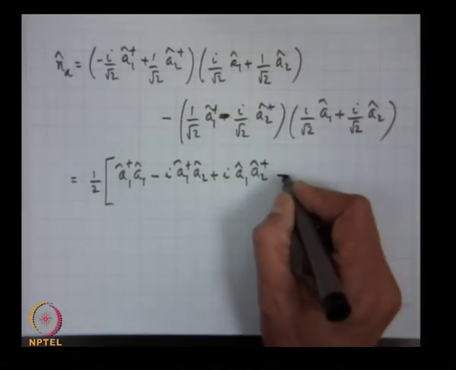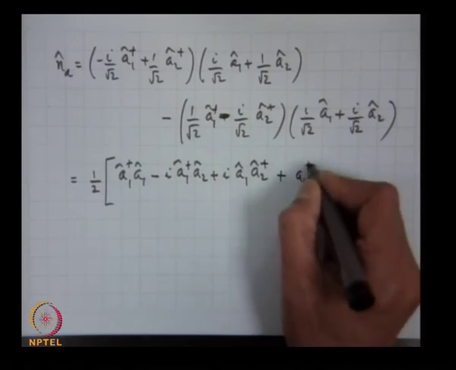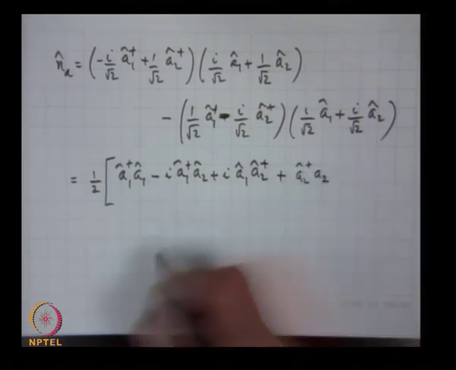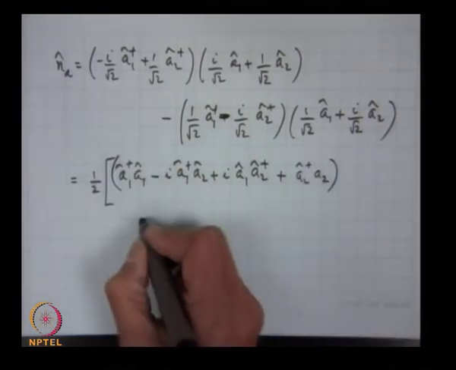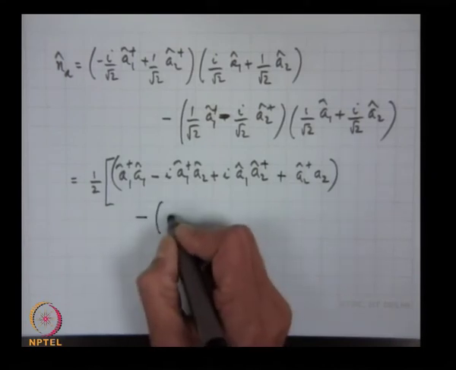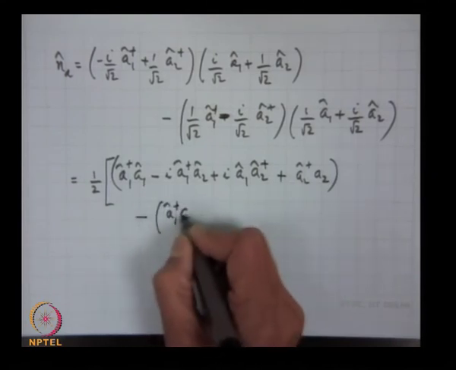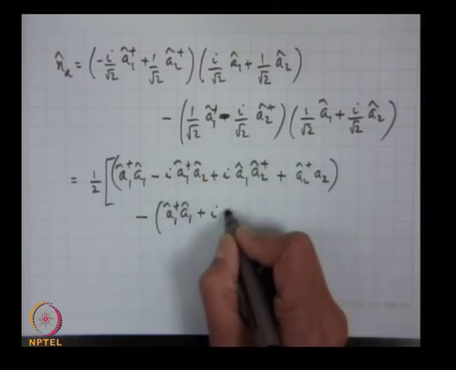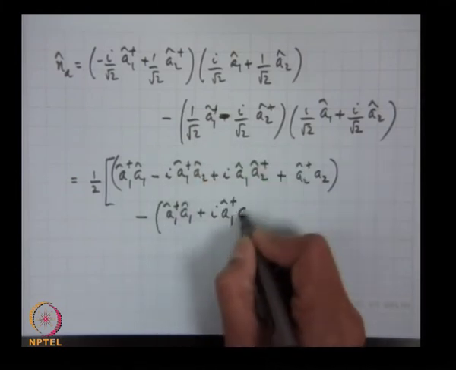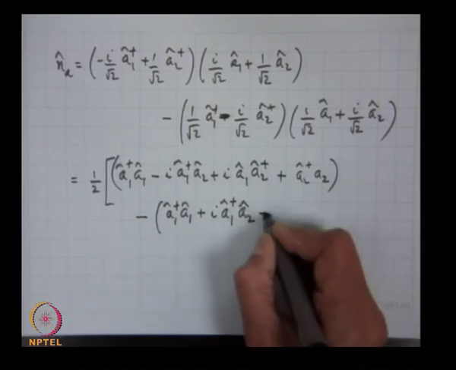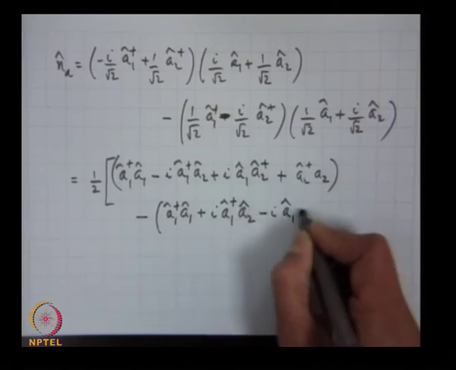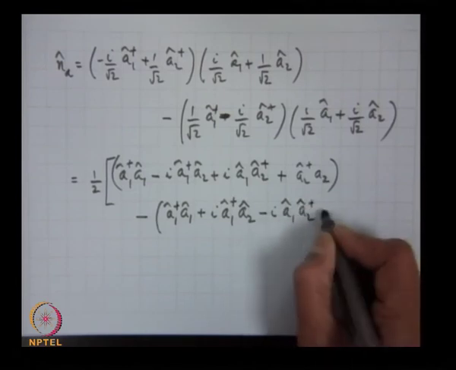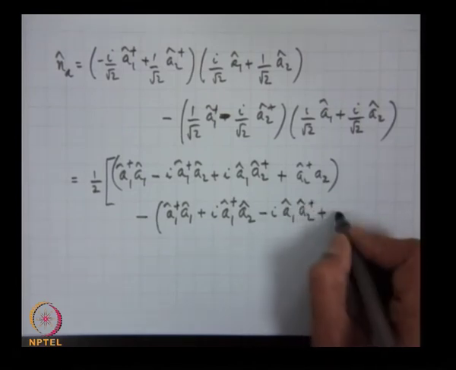So plus A2 dagger A2, minus A1 dagger A1 plus i A1 dagger A2 minus i A1 A2 dagger plus A2 dagger A2.